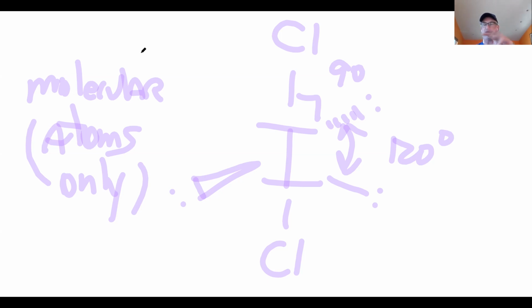When you have this setup with the equatorial, you usually have one coming out, one going behind, and one in the plane, just to show you that there's three of them in a circle. It doesn't matter which ones you make. The one on the left could be coming forward, the one on the right could be going backwards. It doesn't really matter.